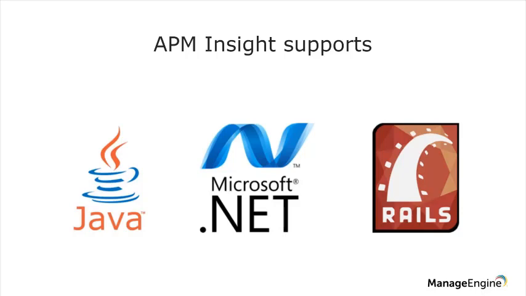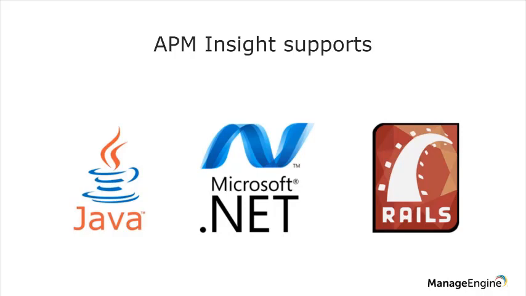This agent is available for Java, .NET, as well as Ruby on Rails applications. That is, you can use the Java agent in order to collect and see metrics for all Java-based apps, and similarly for .NET and Ruby on Rails-based apps as well.